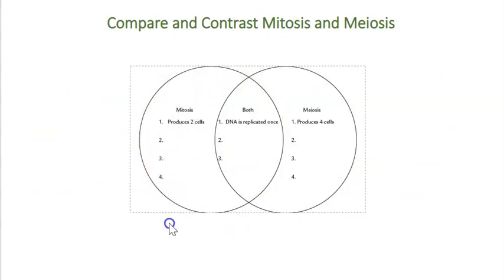You can write in events that are unique to mitosis on this side, events that are unique to meiosis on this side, and then events that are done in both mitosis and meiosis in this center overlapping portion.